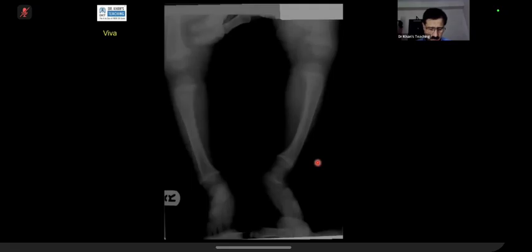There's also, I think, the impression of a spur medially, a Pellegrini spur. And there's also on the right. So if you see here along the shaft of the tibia, what do you see? Yes, there's a bilateral periosteal reaction.